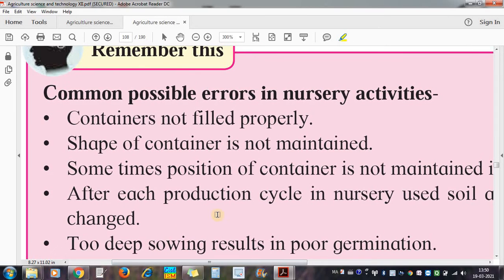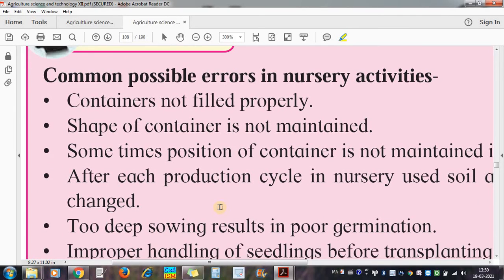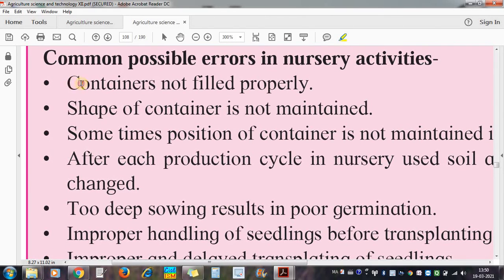Now there are different possible errors in nursery activities. We have to fill the containers very properly. Means there should be a proper mixture of fertilizers, manure and soil in the pots. There should be a hole at the bottom of the pot so as to remove the excessive water, a drainage system. The shape of the container should be such that it is easy to handle.